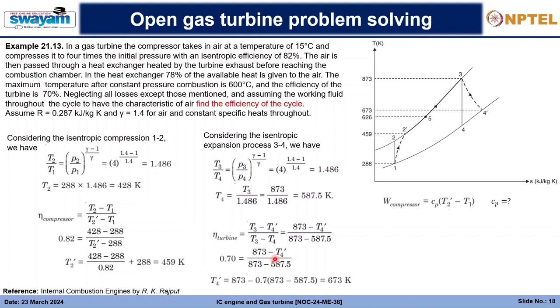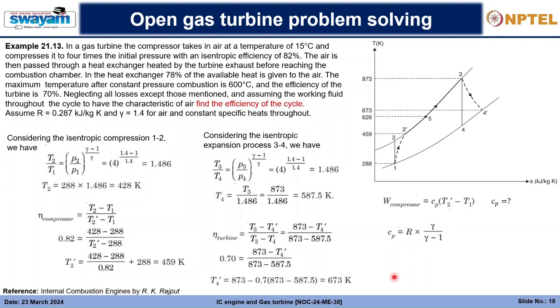Then we have to calculate the compressor work. That is Cp (T2 dash minus T1). But we do not know the value of Cp, but we are given the value of R and we are given the value of gamma. So this is a new trick. We know Cp equals gamma R by gamma minus 1, and if we need to calculate Cv, that would be R by gamma minus 1.